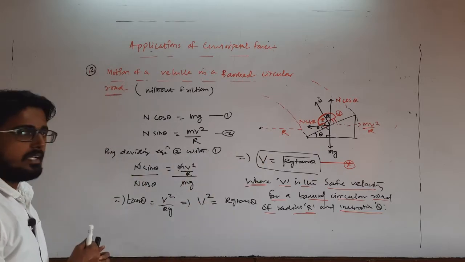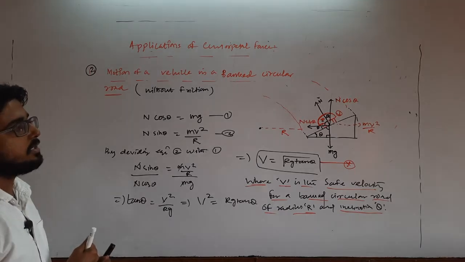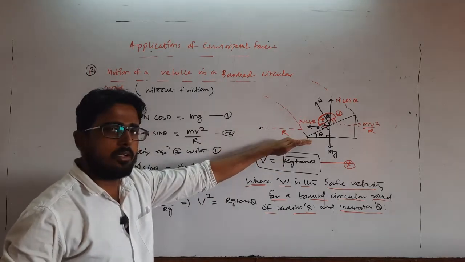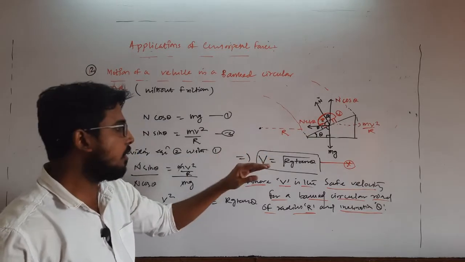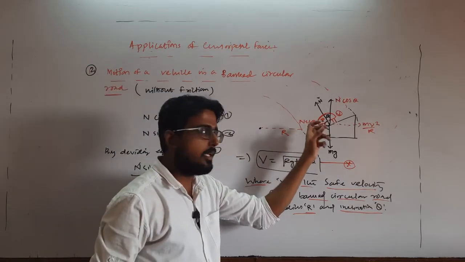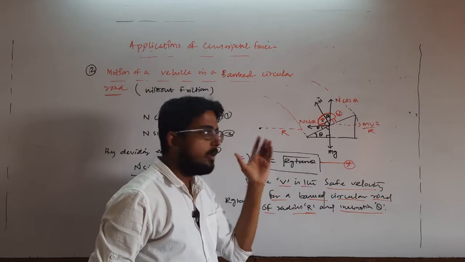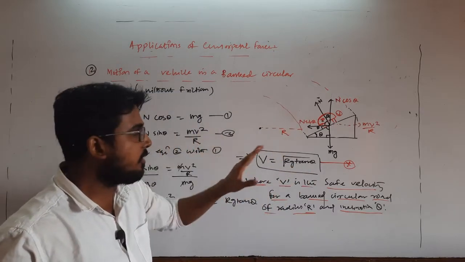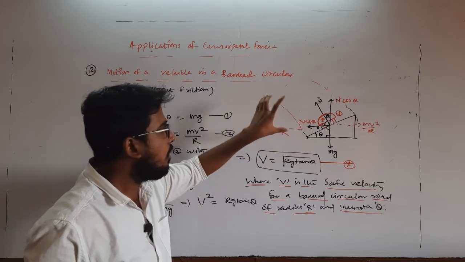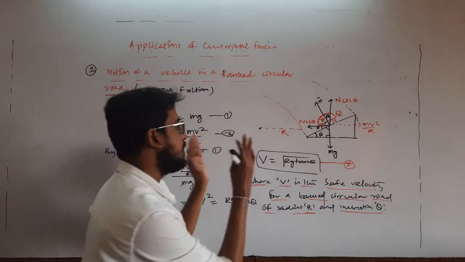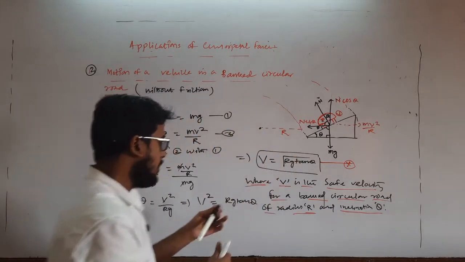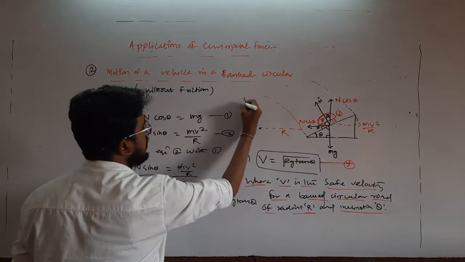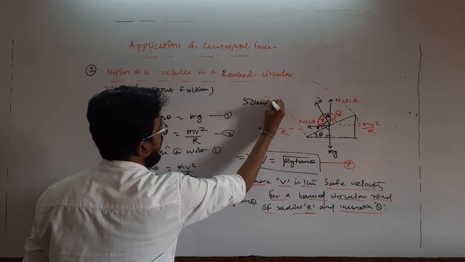Clear? This is the ideal condition when there is no friction on the road, but actually on the surface there is friction. Otherwise, if there were no friction on the road and such a track existed in our day-to-day life, then for taking a turn along a highway, a speed would be fixed. That means, for example, there is a turn where the safe velocity is fixed, that is 50 km/h.